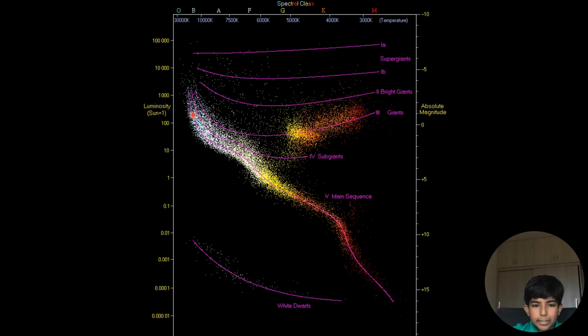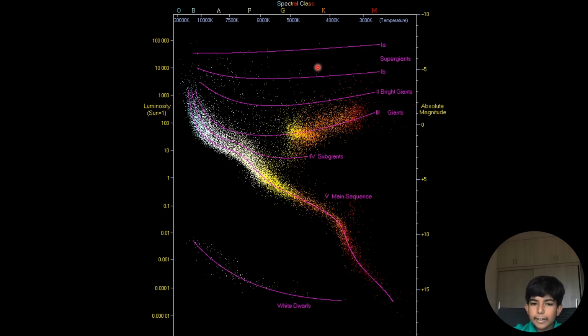What happens is that as soon as they run out of core hydrogen, they become B and O type supergiants, and then they redden and cool into the M type supergiants.